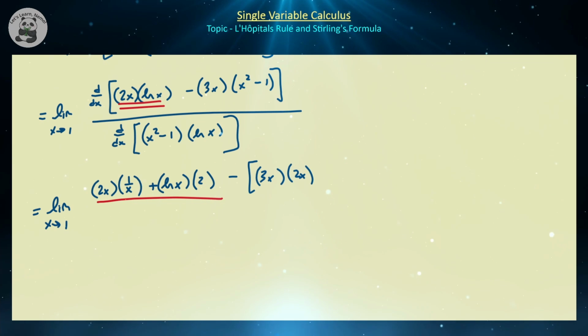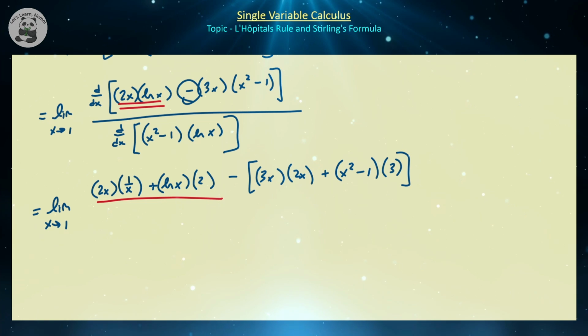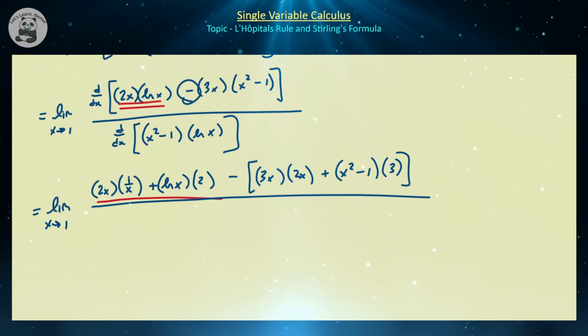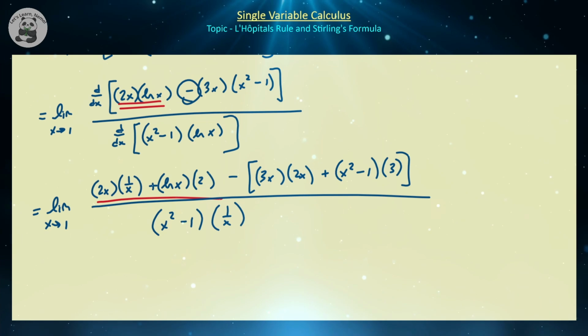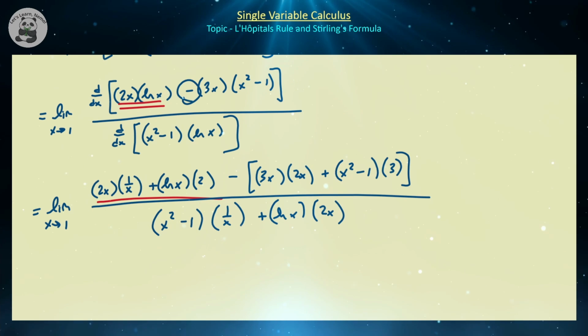Now I'm putting brackets just to be safe there because we have that minus sign in the front. So first times the derivative of the second plus the second times the derivative of the first, right? And let's focus on the bottom. So it's going to be the first times the derivative of the second plus the second times the derivative of the first. Right? And that gives us that particular expression.